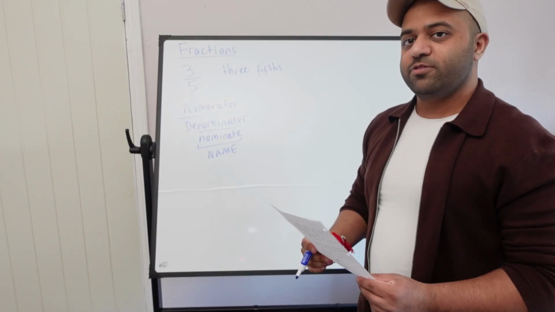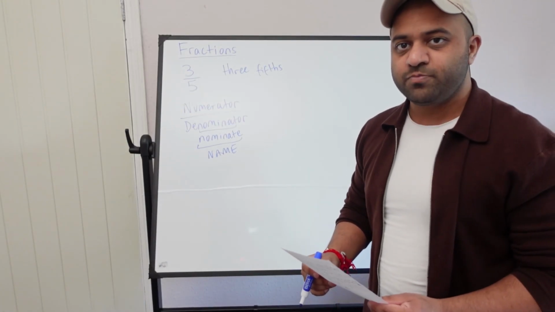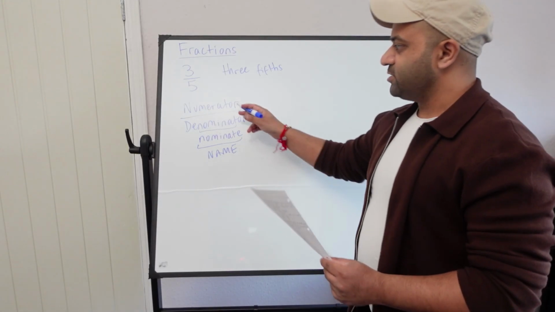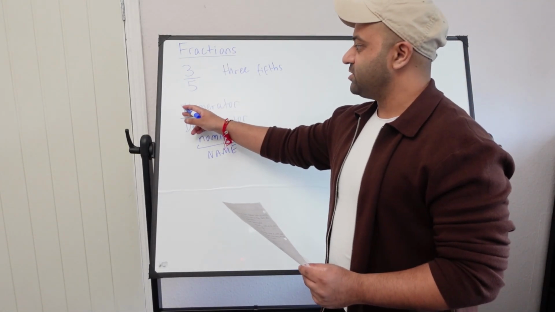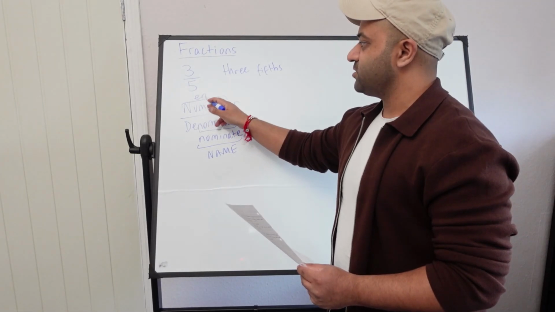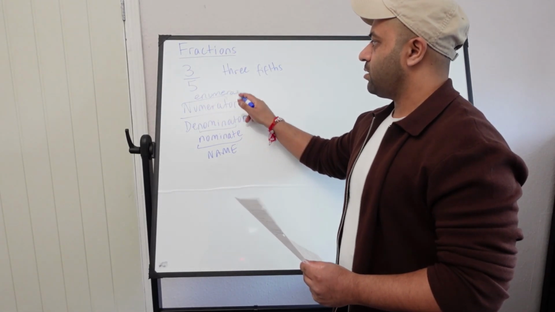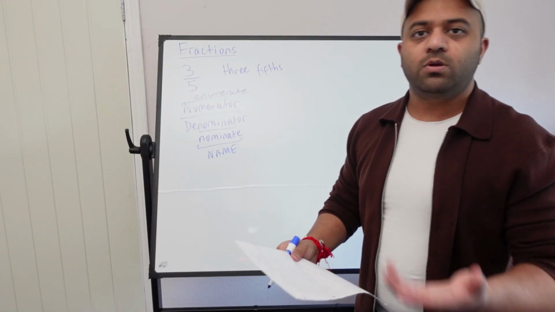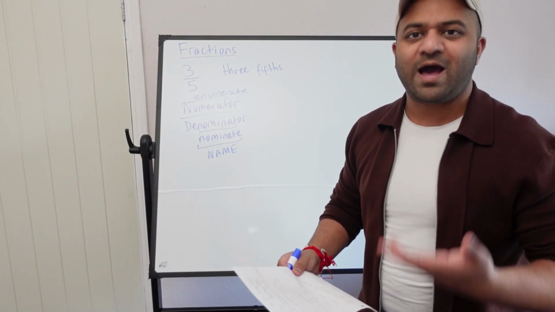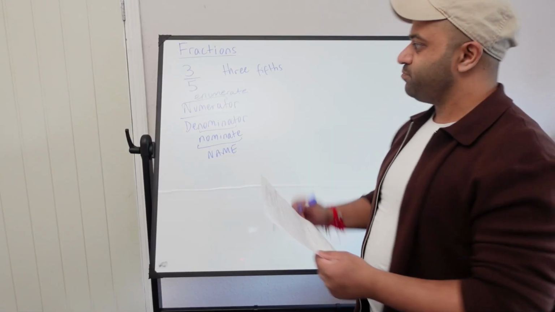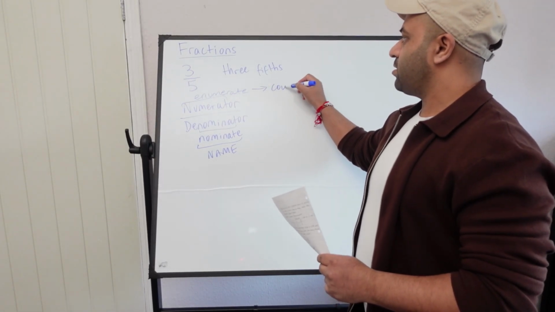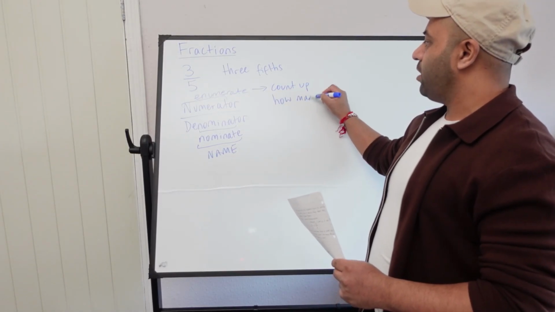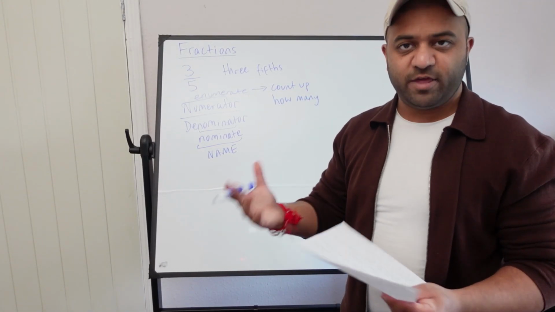Now let's take a look at the top word, numerator. There's a root word in there as well. Numerator comes from the Latin to enumerate. Now what does it mean to enumerate something? All it means is counting up. How many of the things are there? So count up, or how many of the things are there.